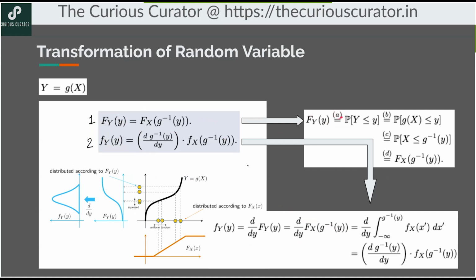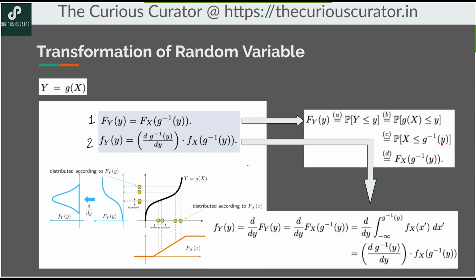The first step is F of y. Step A is just the definition of the CDF of y, which is P of y less than or equal to small y. Now you can substitute y equal to g of x. You can take the inverse on both sides inside, so you get P of x less than or equal to g inverse of y.